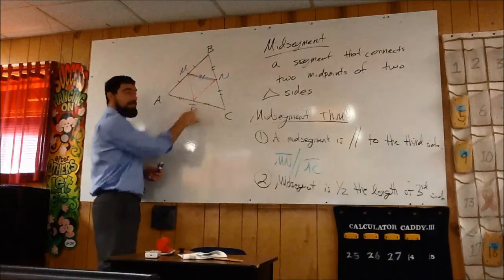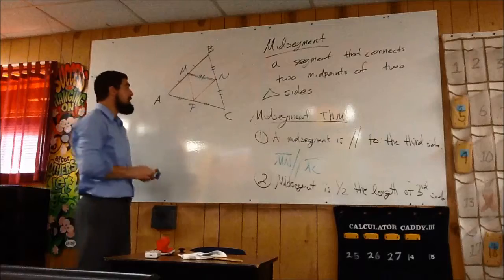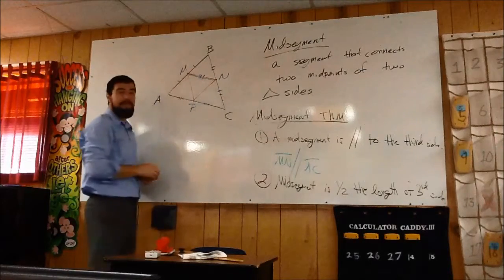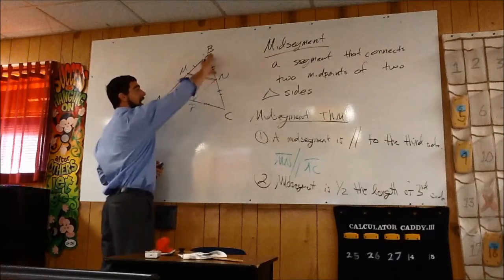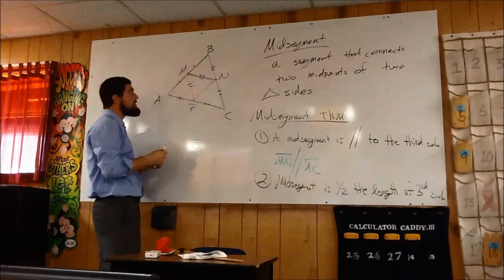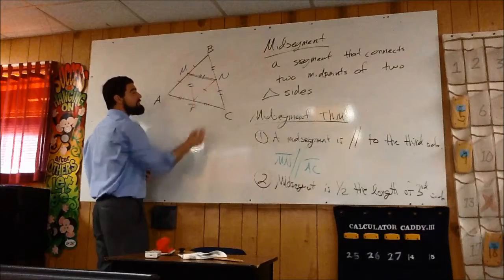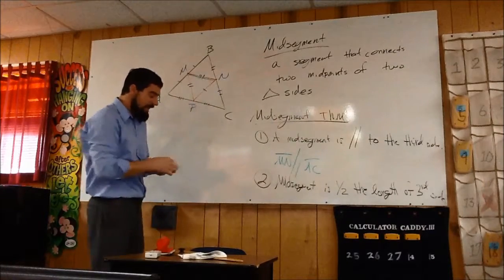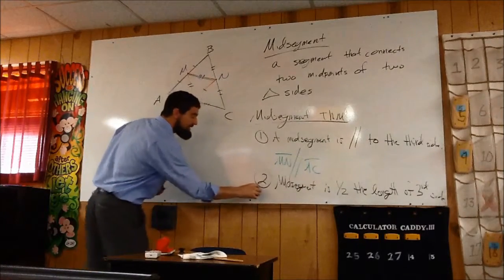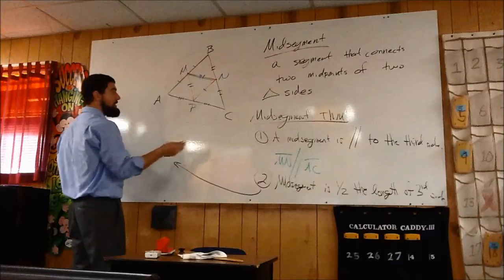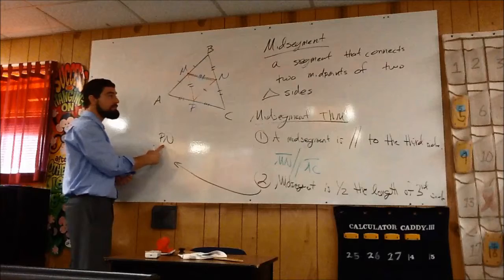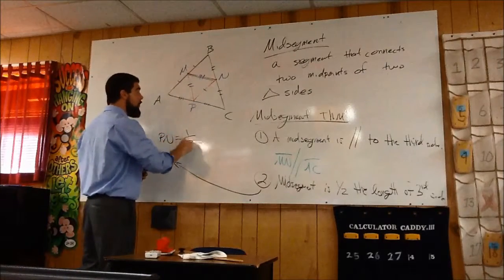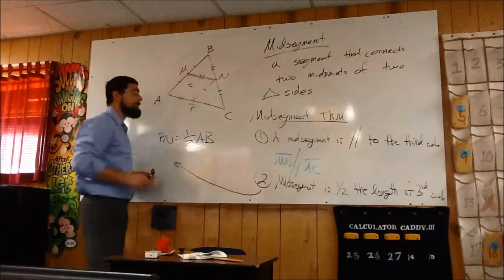Because it's half of that third side. How many marks of congruency can I put on segment MP? 2. Because it's half of that third side. And how many marks of congruency can I put on PN? 1. So if I'm going to write an equation for this item 2, it would be something along the lines of the length of segment PN is equal to 1/2 the length of segment AB.